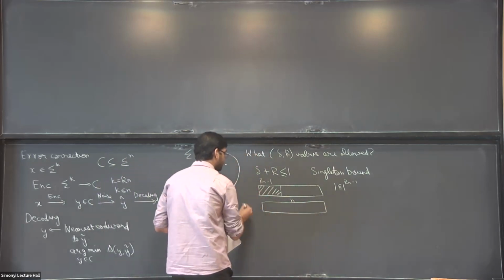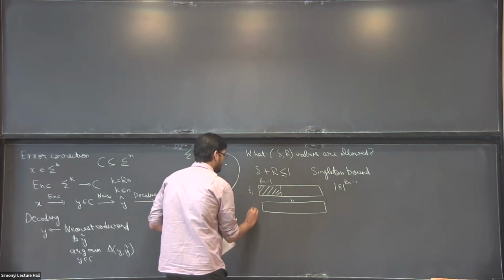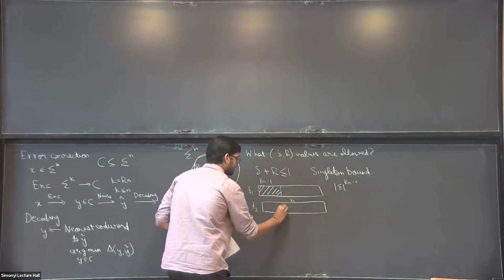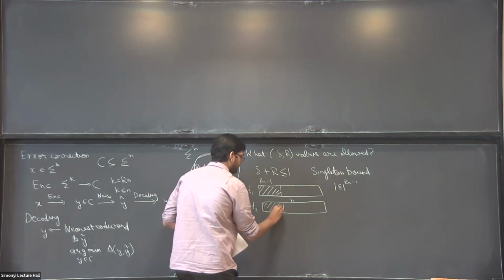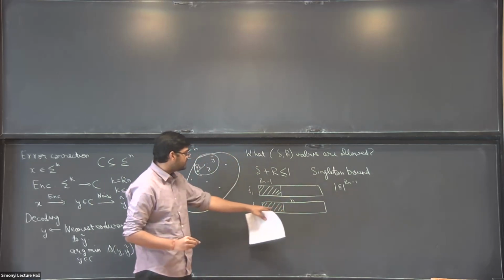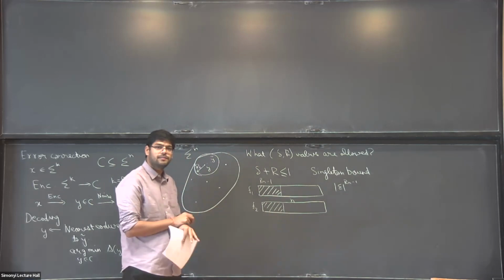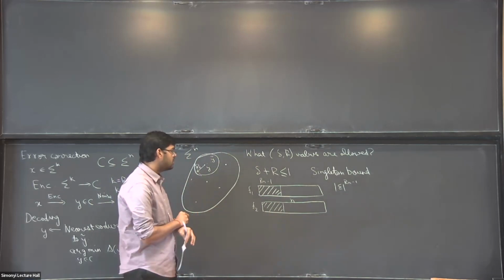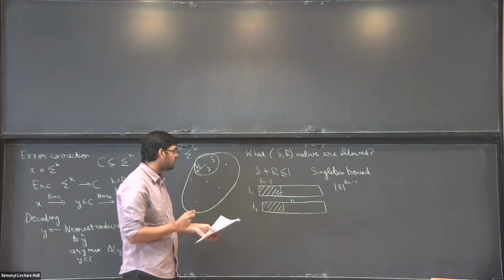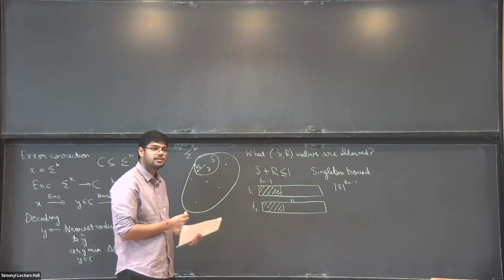So these are two distinct code words, say F1 and F2, that agree in this portion. Now this already means that they only disagree in the remaining part. So the best distance we can hope for is only 1 minus r.